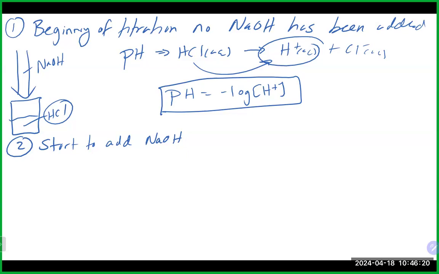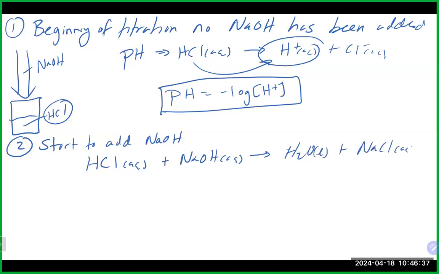So I do need to have an equation, and it's going to be the one I wrote on the previous page. We're going to have our HCl plus our sodium hydroxide, and that again is going to give us our water and our sodium chloride. So once you start the titration, you will need to do an ICE table.